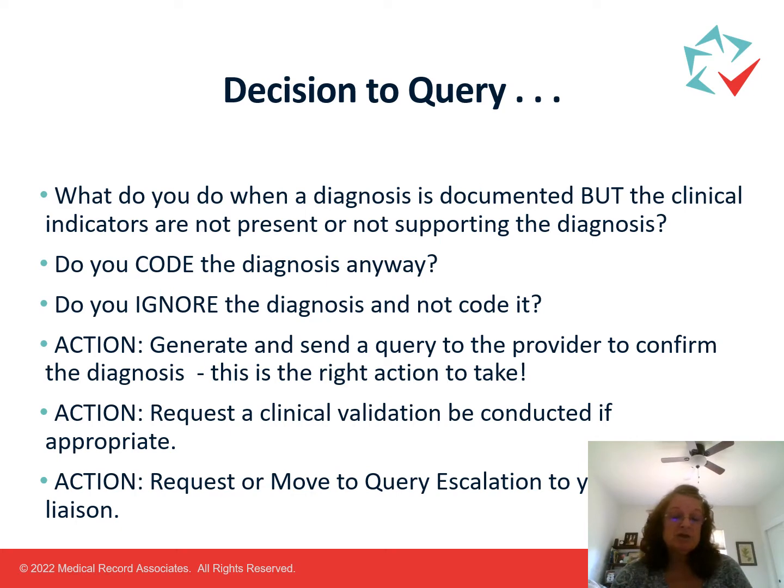Or do you take action by generating and sending a query to the provider to confirm the diagnosis? This would be the right action to take. You could take action by saying, I'm requesting a clinical validation to be conducted if it's appropriate, or request to move the query to what we call an escalation process to your physician practitioner liaison.